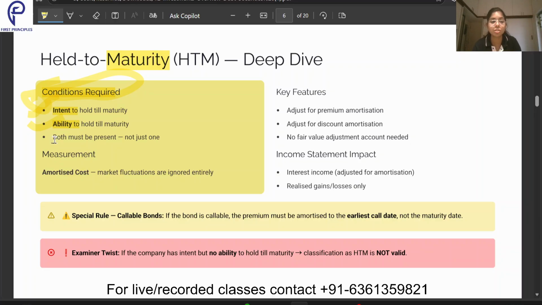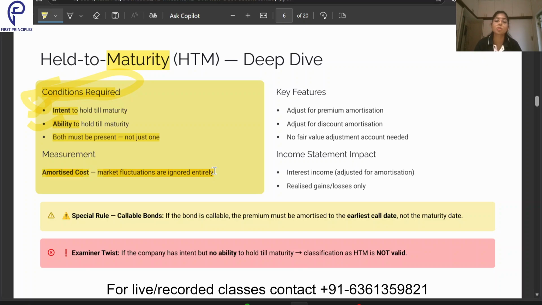Both must be present, not just one. And how is it measured? It is measured at amortized cost, so market fluctuations are ignored entirely.